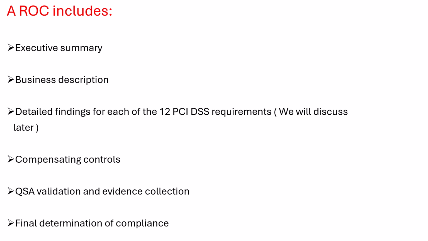What comes in ROC? ROC includes the executive summary and business description, that means what the services are, why they are collecting the transactional details, and what kind of access the organization has in transactions. Detailed findings of each of the 12 PCI DSS requirements, which we will discuss later on. Next is compensating controls, which I will also cover in the next video.